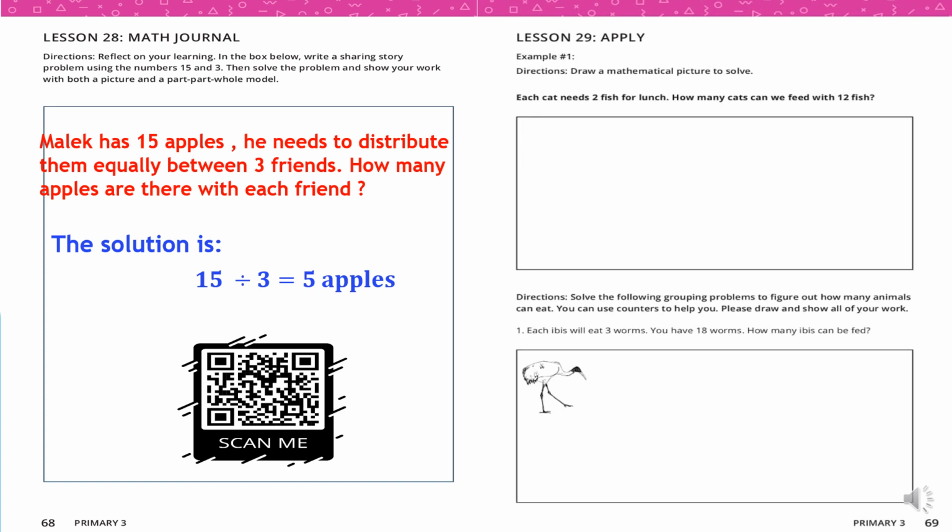So how many cats will we have? We can feed 12 divided by 2. We have 6 cats. Since we want to divide the 12 fish equally, there are 6 cats.